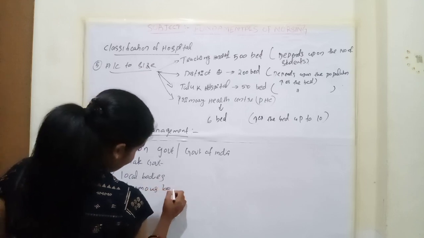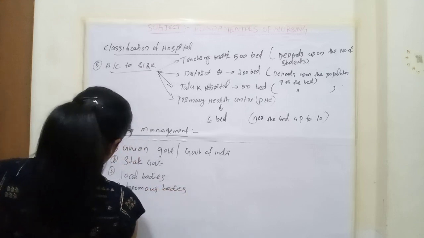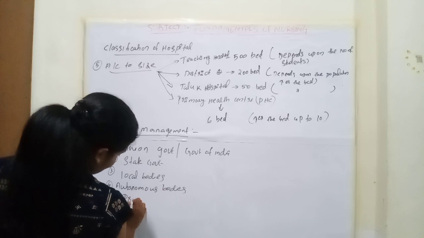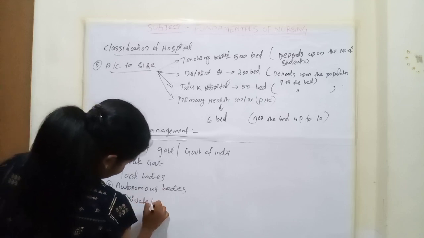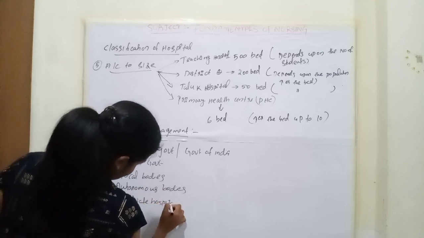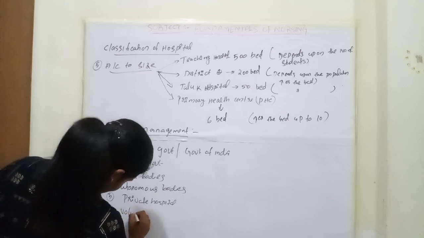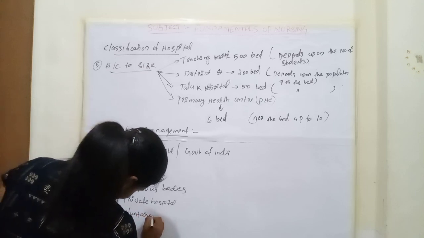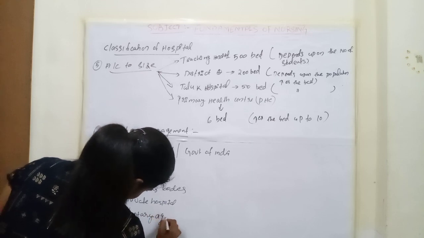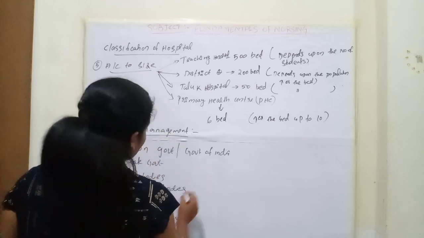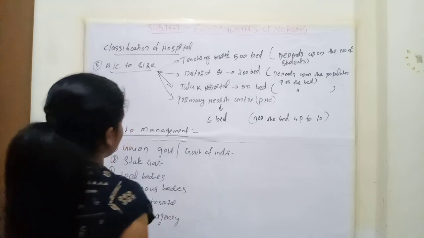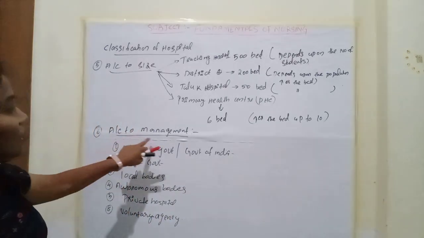The fifth one is the private hospital. And the sixth one is the voluntary agency. So this is according to management.